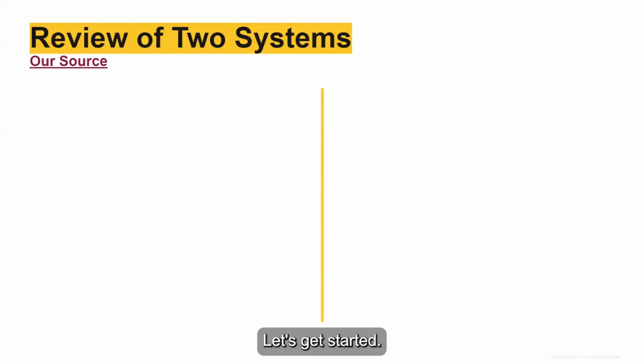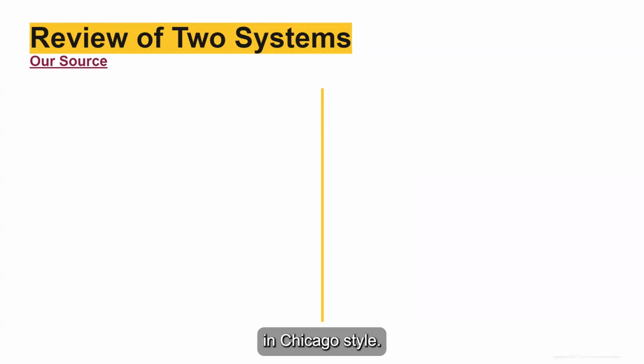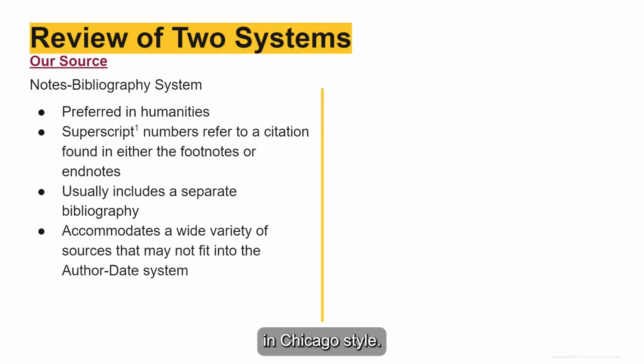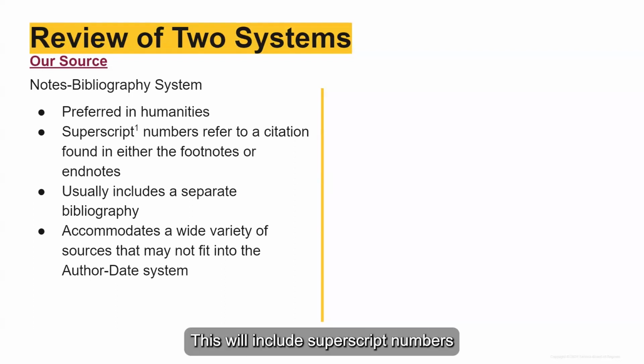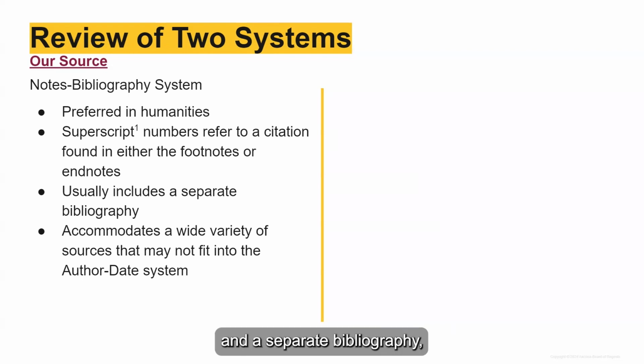Let's get started. First, to review, there are two systems of citation style in Chicago style. The first is the notes bibliography system. This will include superscript numbers that refer to a footnote or endnote and a separate bibliography, which includes every source cited in the paper.